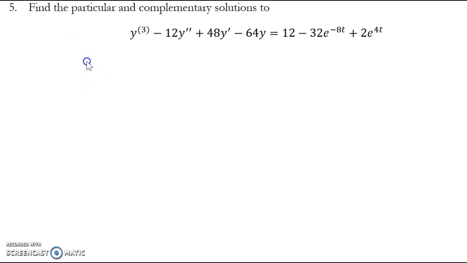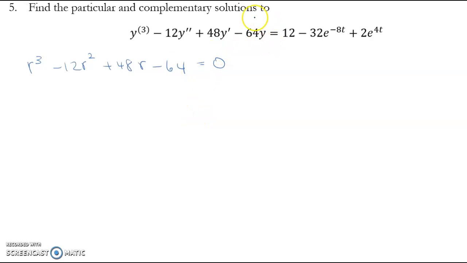Okay, so all right, so let me rewrite this in the characteristic equation. So that would be using R. Minus 12R squared plus 48R minus 64. And if you remember from the last 2 weeks, we first treat this as 0 to find the complementary solution.